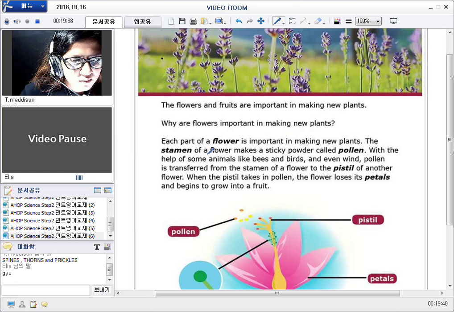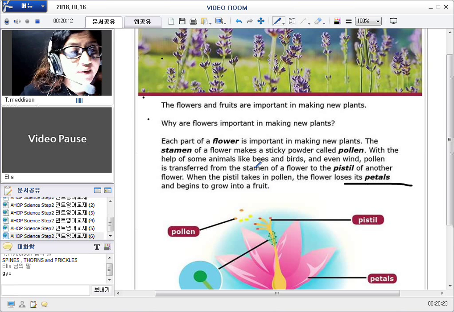The stamen of a flower makes a sticky powder called pollen. With the help of some animals like bees and birds, and even wind, pollen is transferred from the stamen of a flower to the pistil of another flower. When the pistil takes in pollen, the flower loses its petals and begins to grow into a fruit.